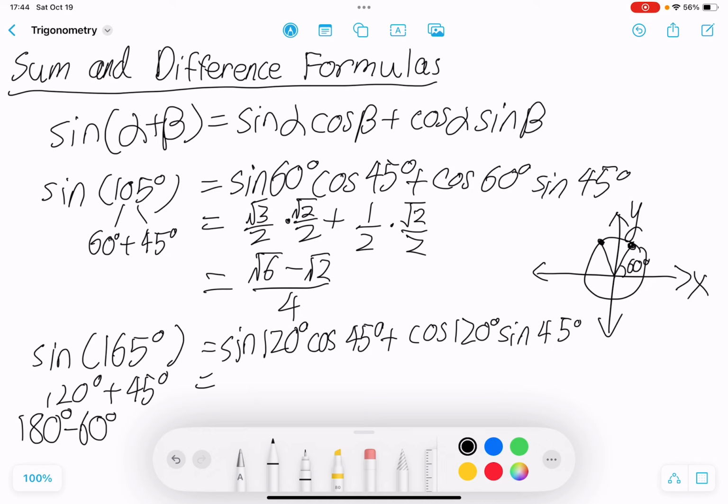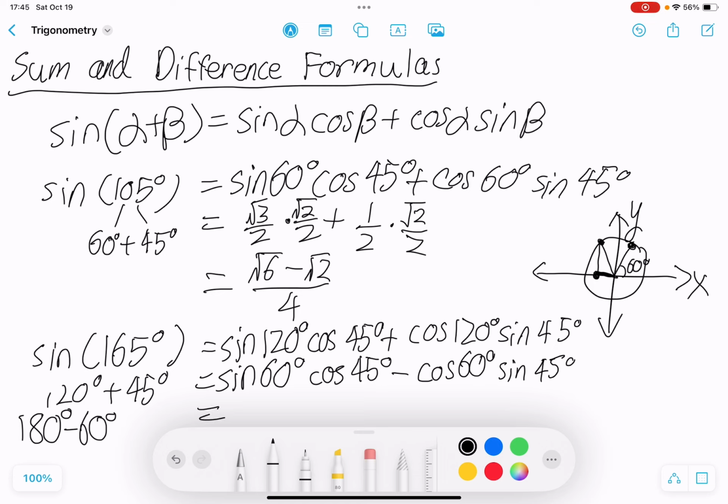So the sine value of 120 is the same as sine 60 degrees times cosine 45 degrees plus, now notice the cosine 120 is a negative coordinate, so it's negative cosine 60 degrees times sine 45 degrees.